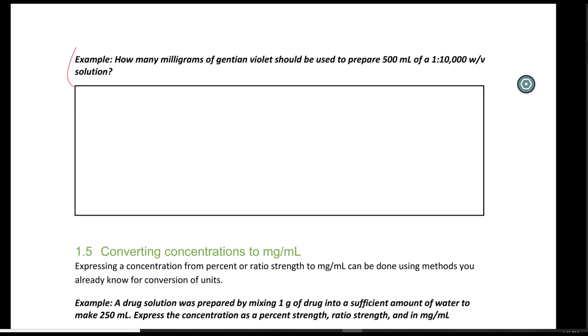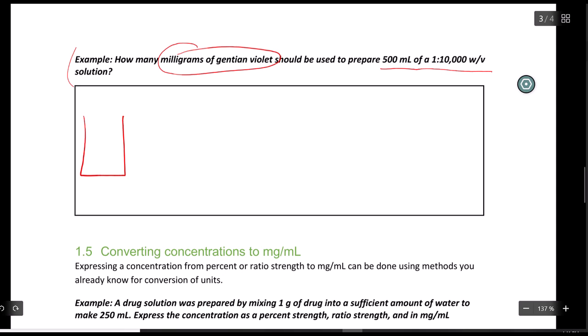So first, always interpret what the question's asking us, right? The question is asking us how many milligrams of gentian violet, so we know we have to have an answer in milligrams. And it says that we want to prepare 500 mLs of a 1 to 10,000 weight and volume solution. So go ahead and draw it out if you want. Here you've got, right, 500 mLs, and this solution is 1 to 10,000, right?